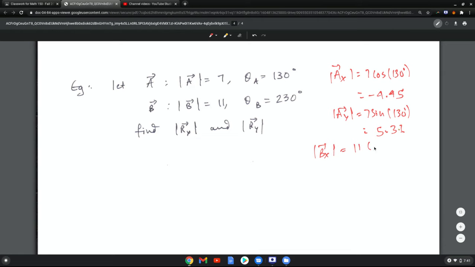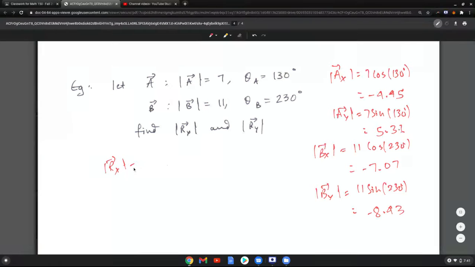Bx is 11 cosine 230, which is negative 7.07. And By is 11 sine 230, which is negative 8.43.